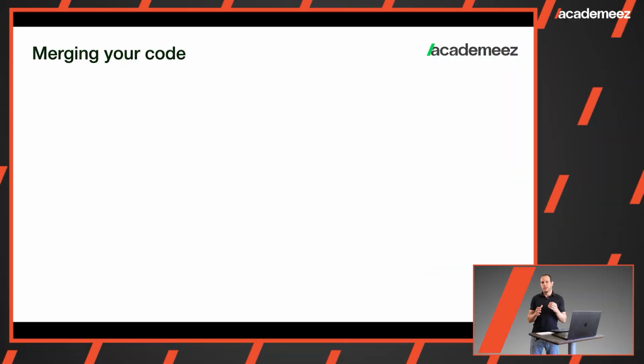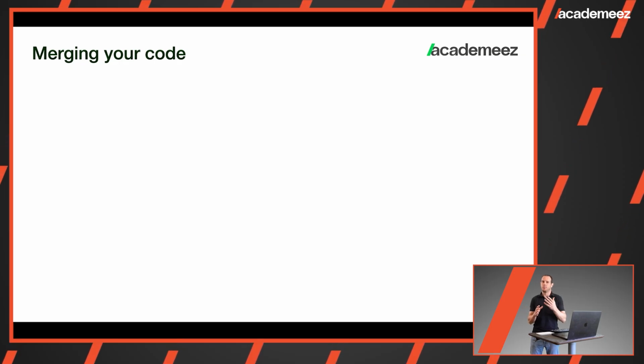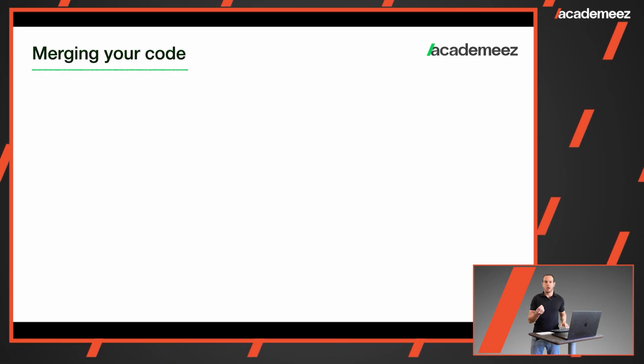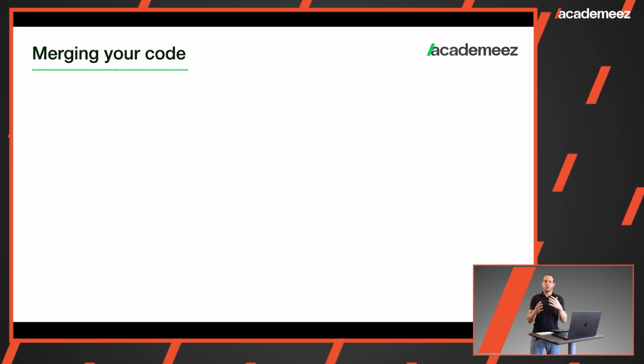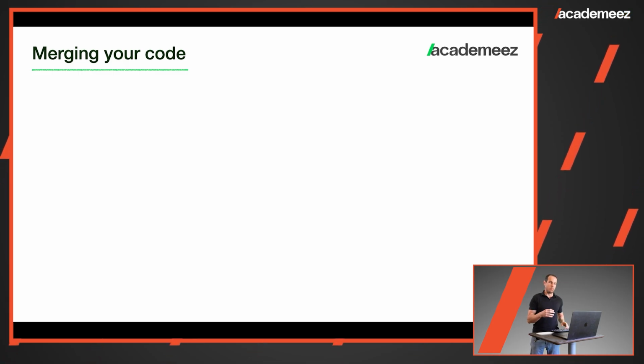So before we dive in and talk about exactly how merge queue works, I want to talk about general concepts regarding CI, regarding the development pipeline. Specifically, I want to talk about the CI for merging your code to the main branch and making sure that quality code is pushed to the main branch.